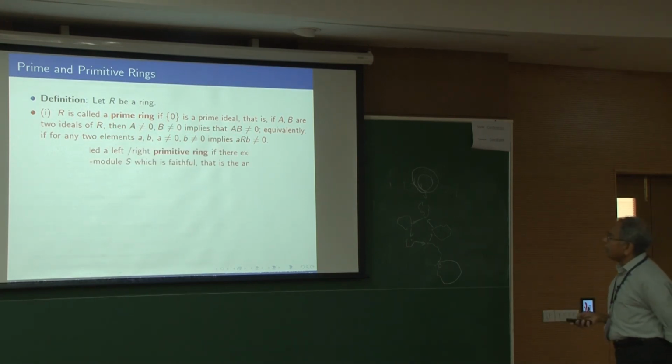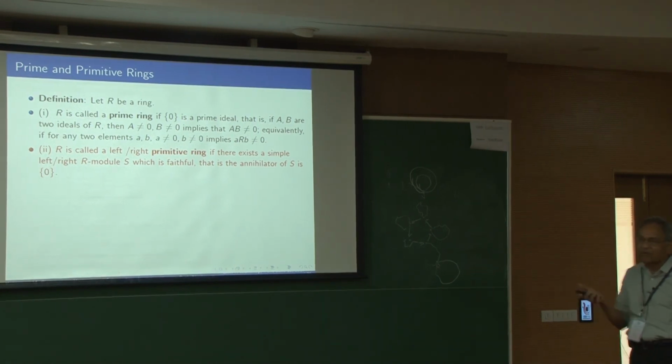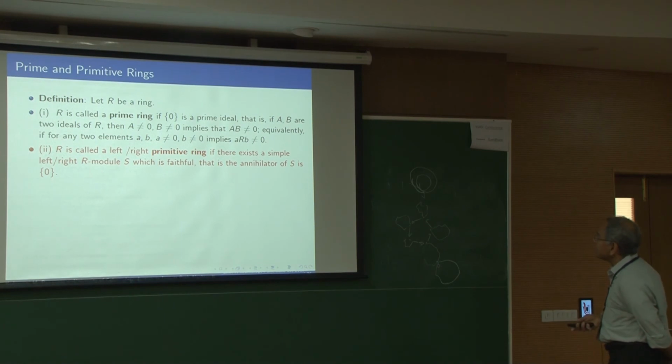And a ring is said to be primitive, again, we don't need to specify left or right, even though as rings they are independent properties, say a left primitive ring, if there exists a simple left R-module S which is faithful. That is, the annihilator of S in R is 0.